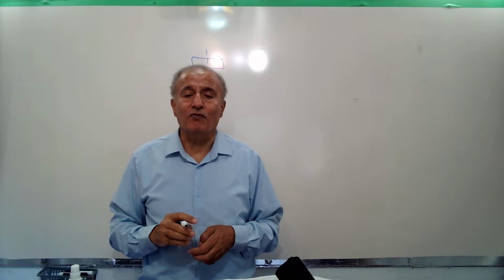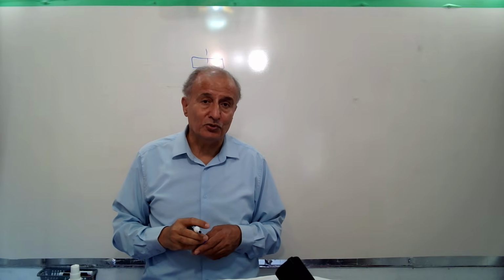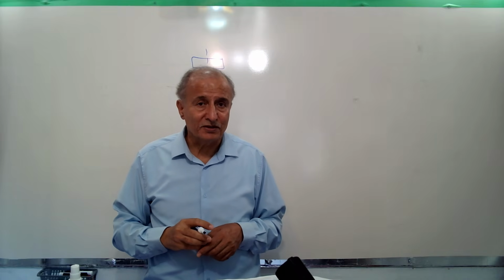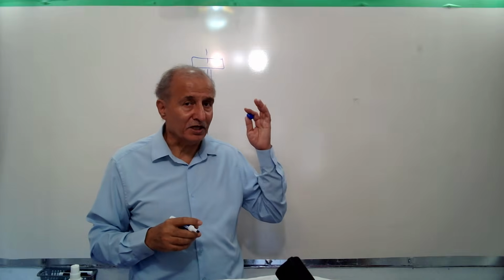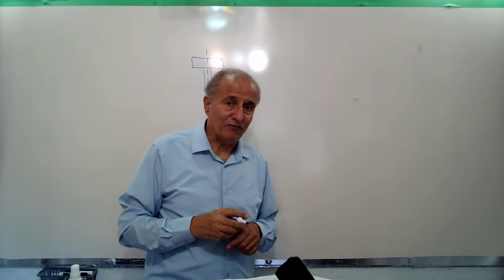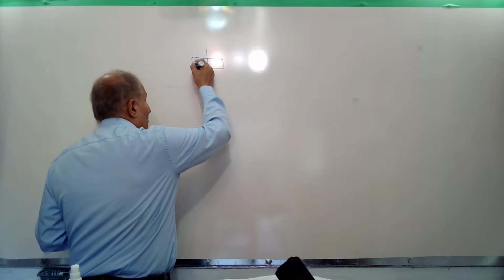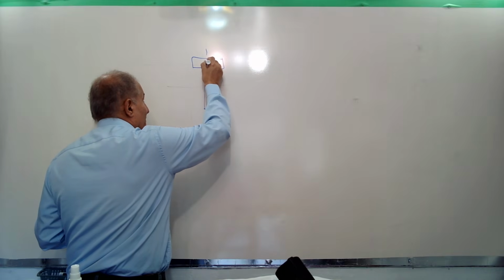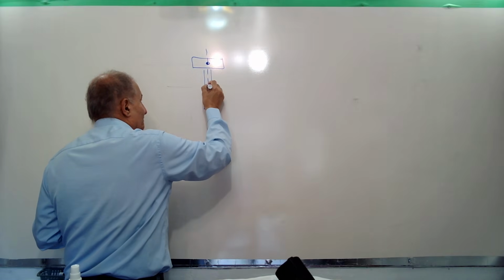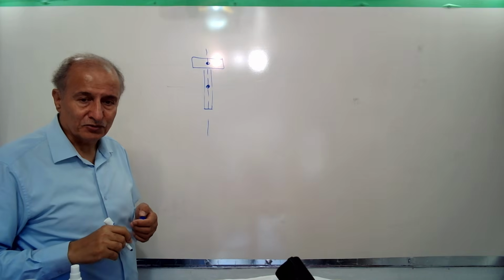In this case, we divide the cross section into simple geometric shapes, like here, two rectangles, and find the centroid of each one just by the intersection of diagonals or just by symmetry. We have this one here and this one here, these two centroids.